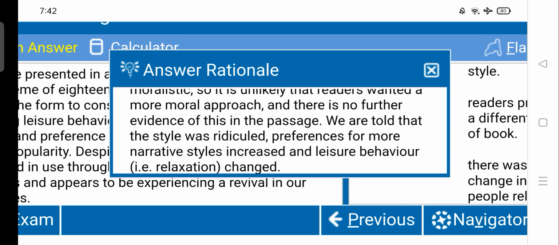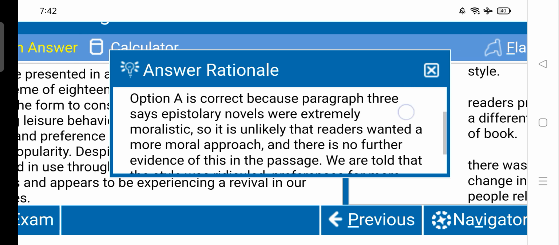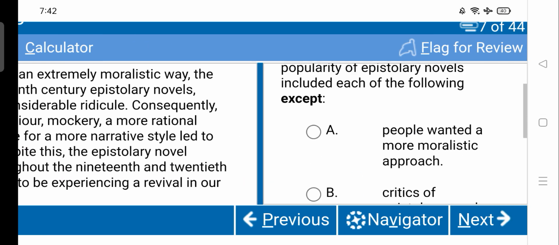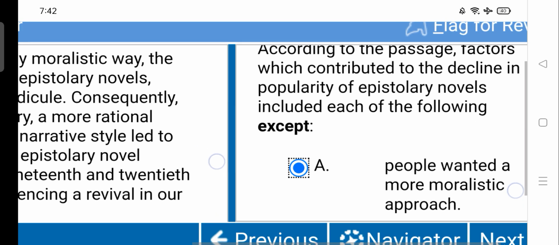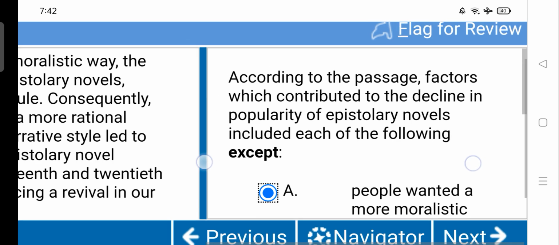Preferences for more narrative styles increased and leisure behavior, that is relaxation, changed. So we have all this reason to say option A is the correct option, which is people wanted a more moralistic approach.